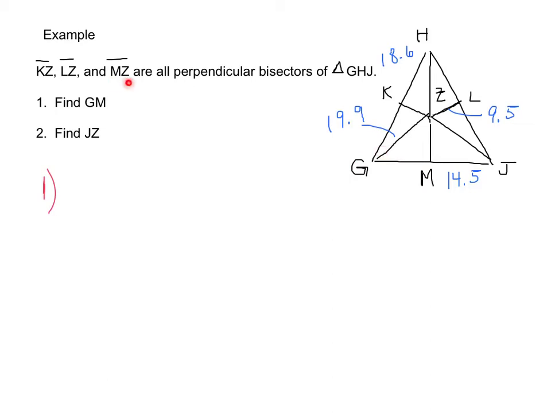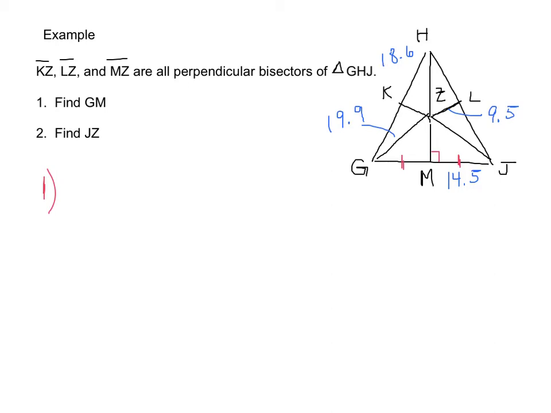Well, we know that MZ, right here, is the perpendicular bisector. What does that mean? Because it's a perpendicular bisector, one, we know we have a right angle. Doesn't help us very much, but we also know the word bisect. Bisect means we are cutting in half, right there. Because these two segments are cut in half, we instantly know that we have two congruent segments, as you see here.